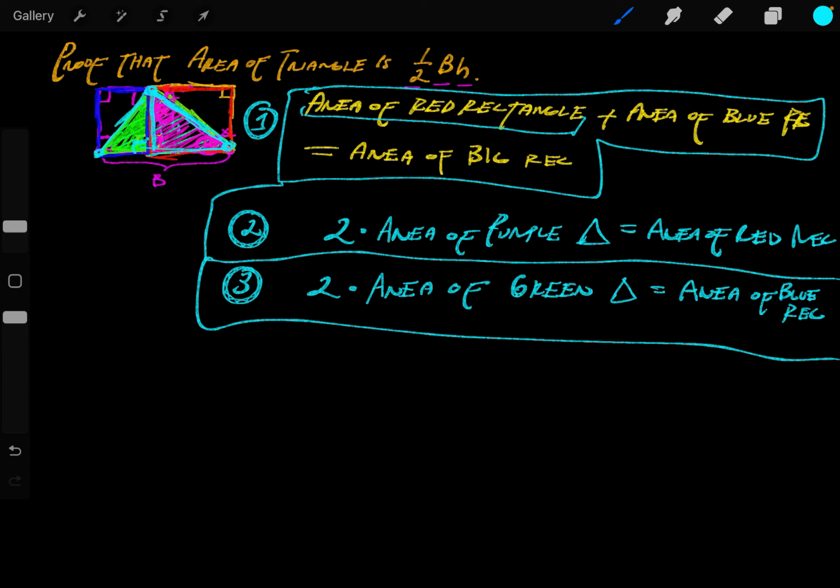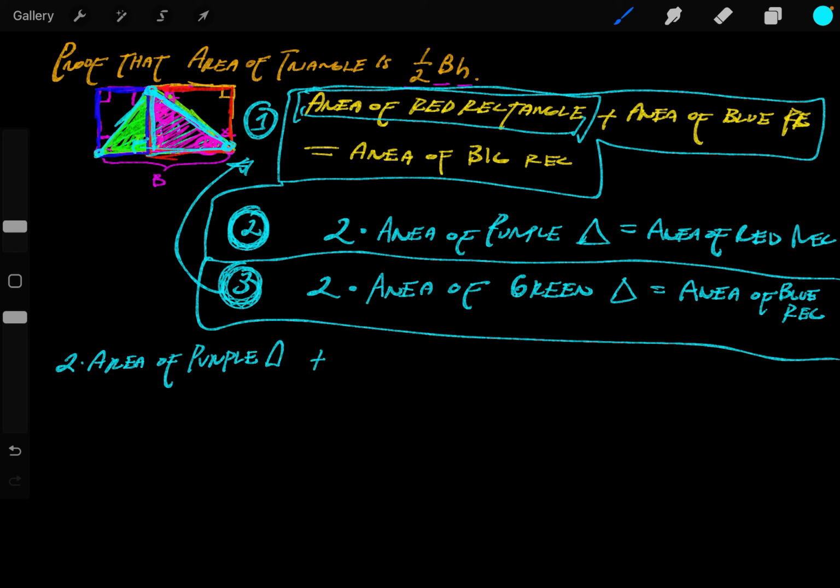Now, what this means is that if we put this together, let's write another equation. Now I have these 2 equations here. I'm going to plug 2 and 3 into 1. So instead of writing the area of the red rectangle, I'm going to write 2 times the area of purple triangle plus 2 times the area of the green triangle is equal to the area of the entire rectangle, or area of big rectangle.